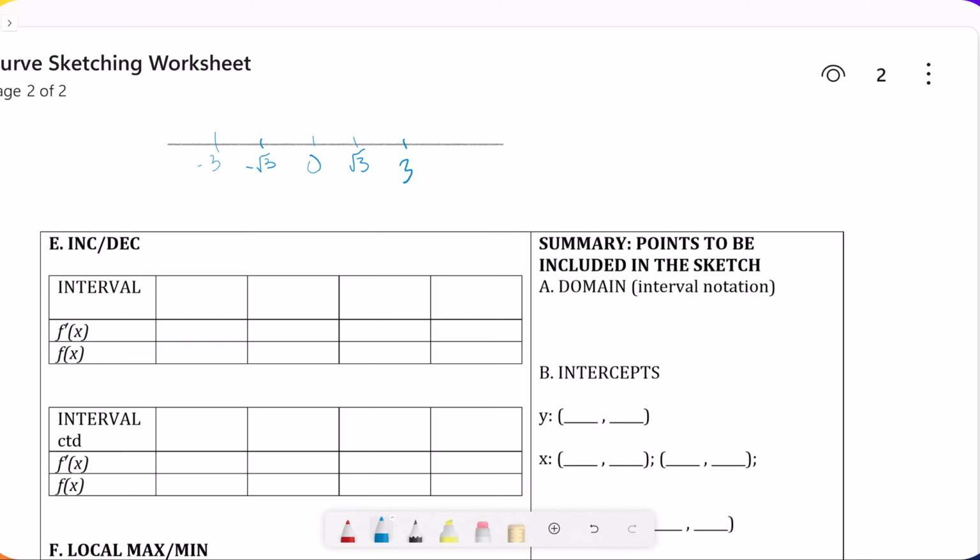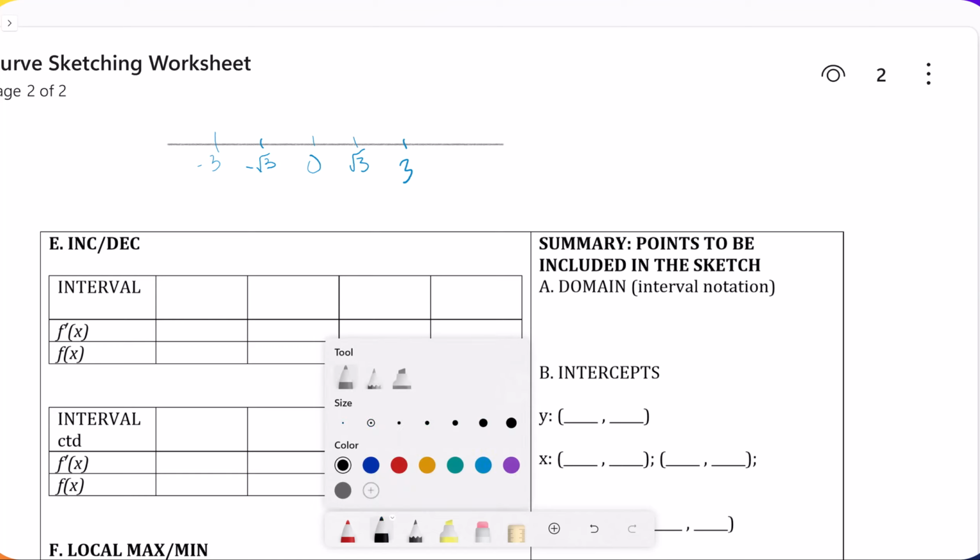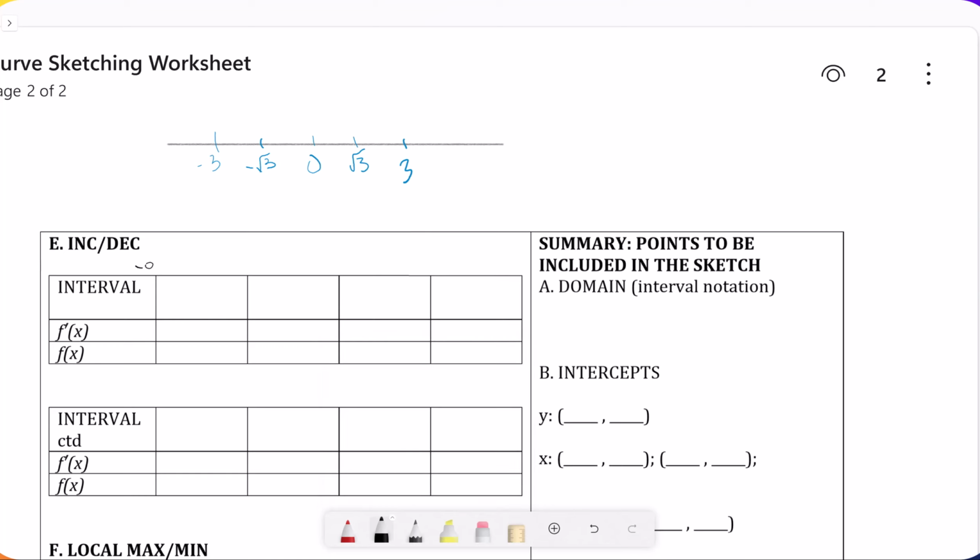Alrighty, so this line represents negative infinity. This represents minus 3. This represents minus radical 3. This represents 0. This one represents radical 3. And this represents 3, infinity. Okay, so we're going to represent these lines of demarcation in the table as well.